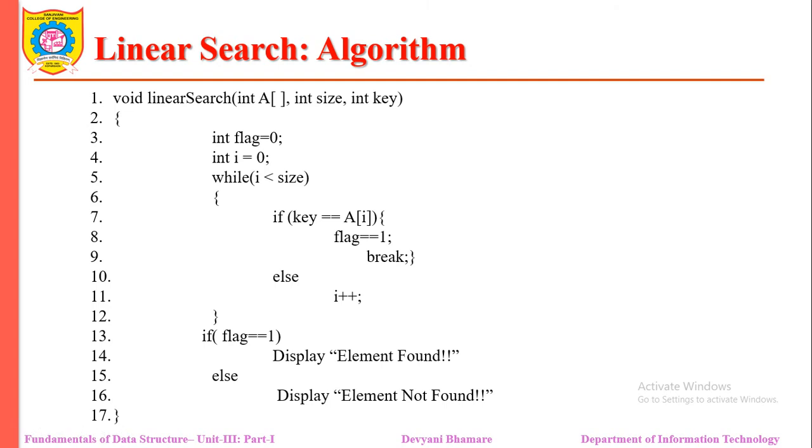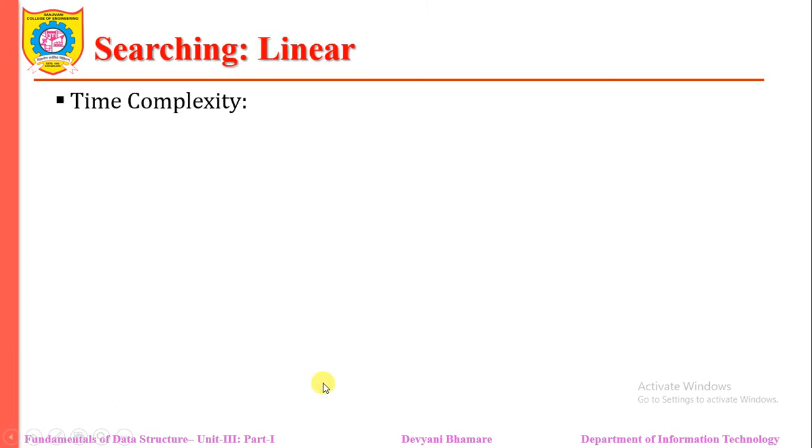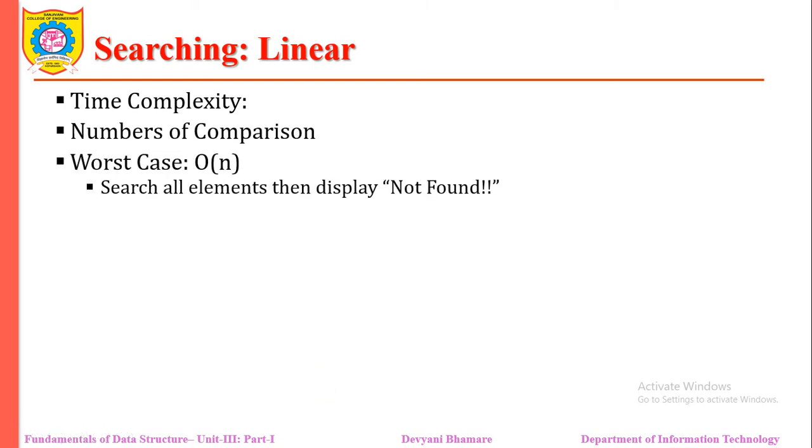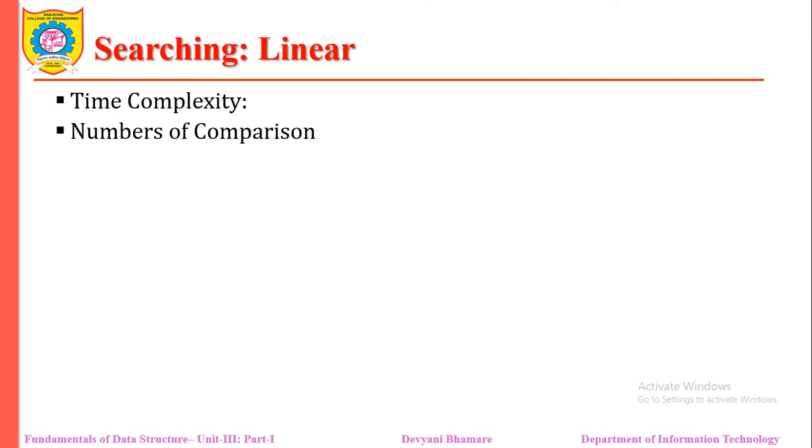So this indicates the algorithm for linear search. Here I will not go beyond the size of our array, the number of elements in the array. If we find that the element is present, we say the element is found, and if not, we say the element is not present. If we think about the time complexity, how much time it will require depends on the number of comparisons.